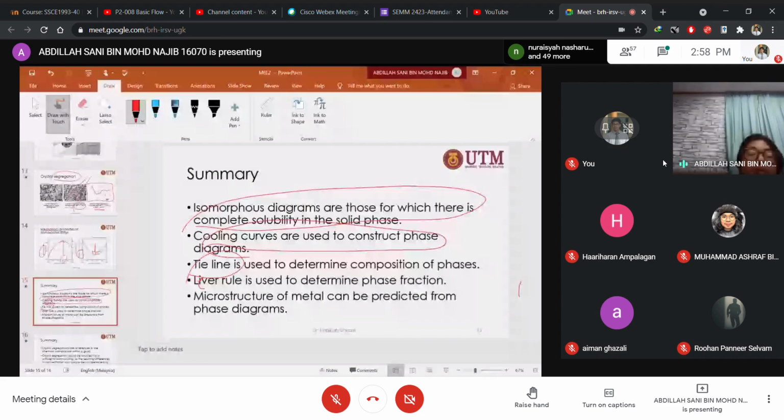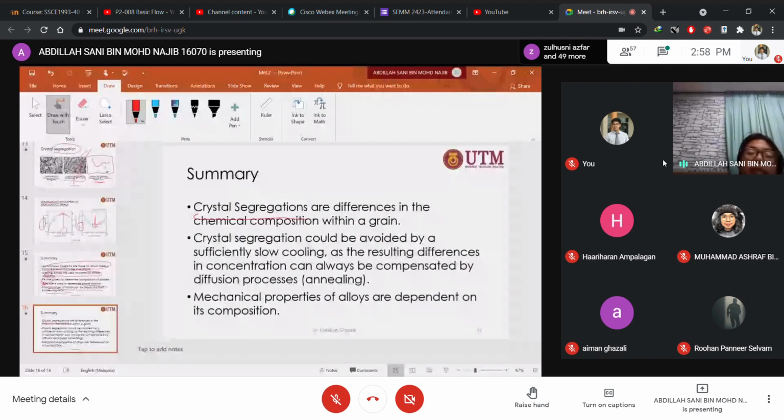the microstructure of metal can be predicted. Just now what I was saying, we have those kinds of segregation, and it can be avoided if we do the cooling slowly enough, so we have a more homogeneous structure, or we can compensate by annealing, or heat treatment, by promoting diffusion.